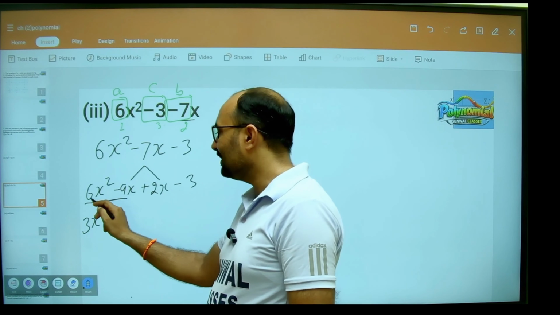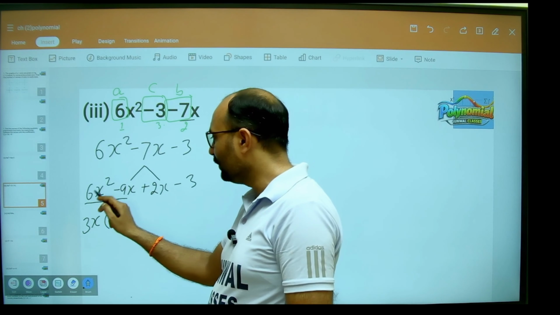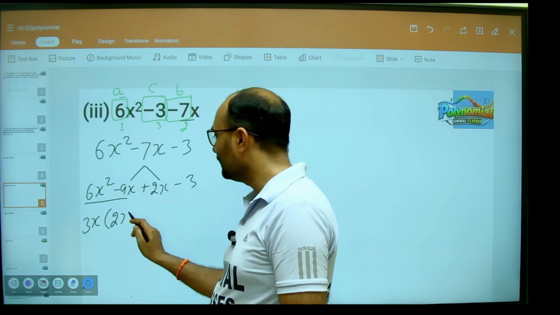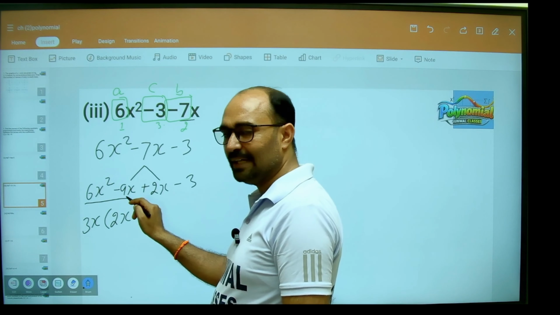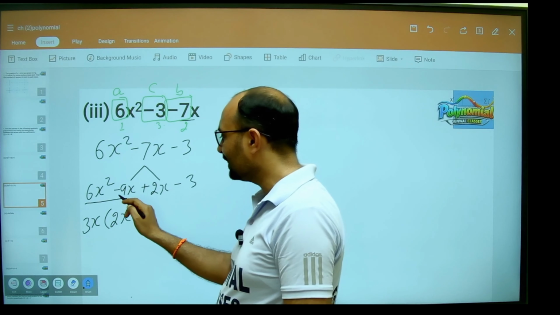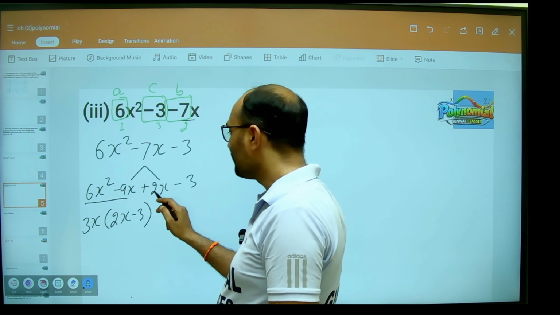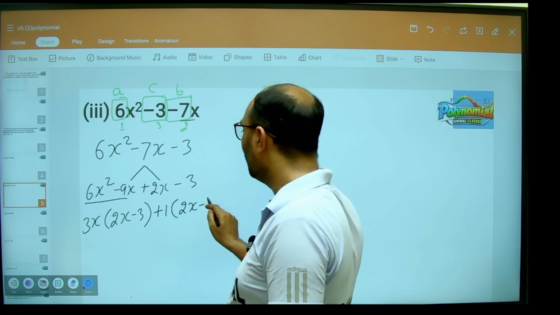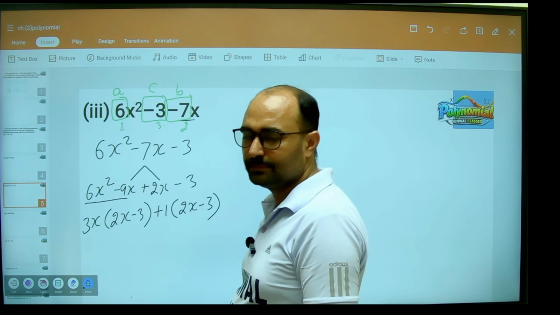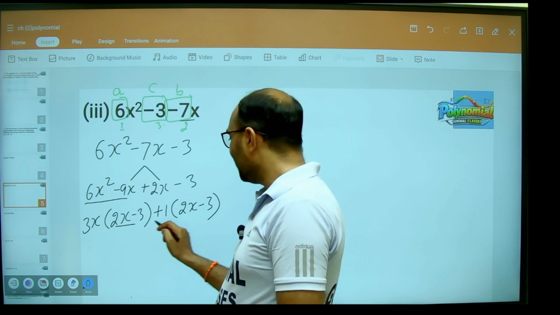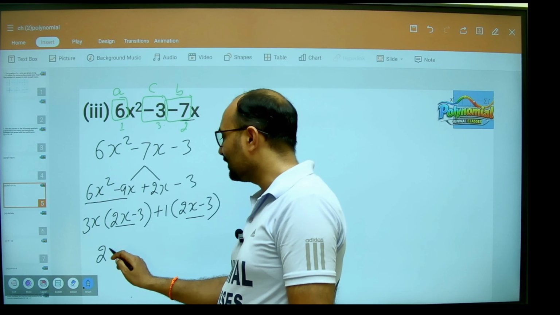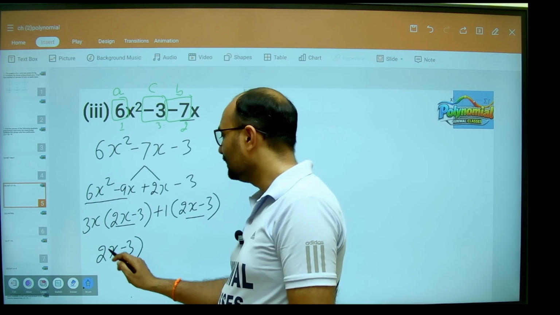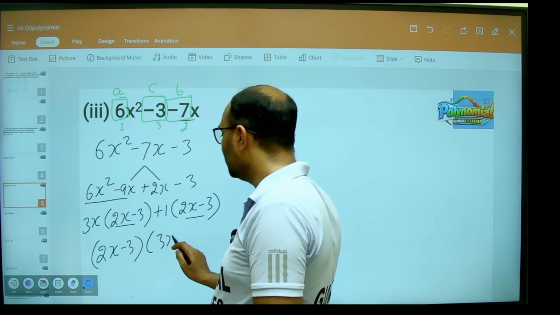If you divide this term by 3x, you are left with 2x. If you divide this term by 3x, x cancels, and dividing 3 by 3, we get minus 3. Nothing is common, so we take out only 1 as common. Now the bracket is the same. I will write it once, 2x minus 3, 3x plus 1.